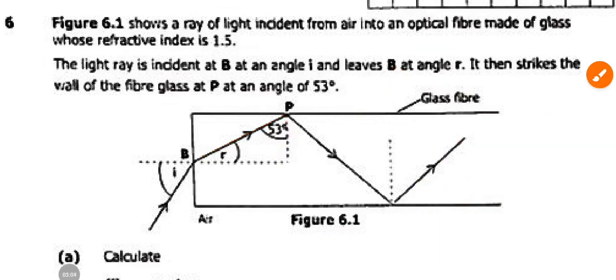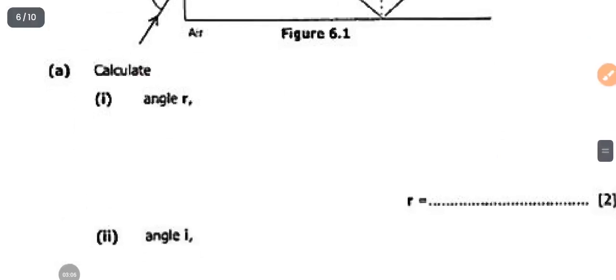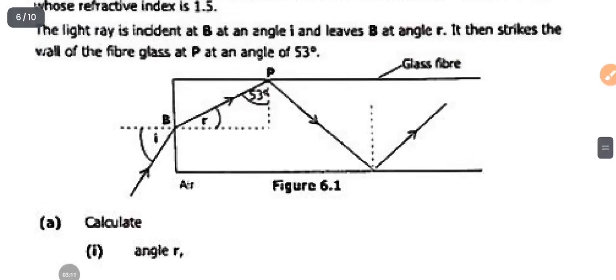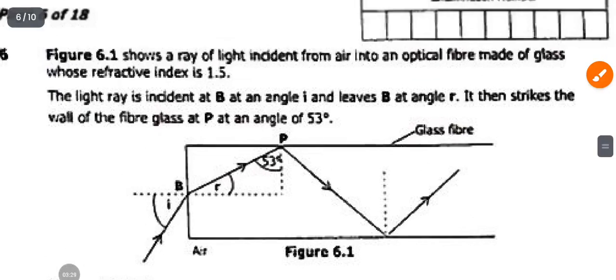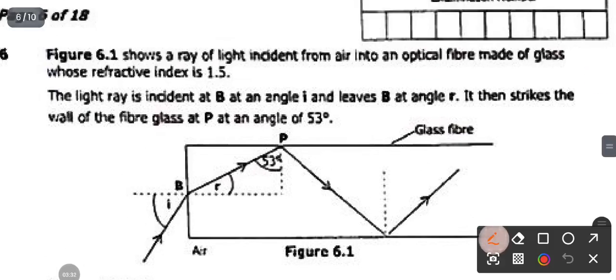Okay, then question 2, calculate angle I. How do we find angle I? We find angle I by using Snell's law. Remember, Snell's law tells us that the ratio of the sine of the angle of incidence to the sine of the angle of refraction is a constant, and that constant is what we call the refractive index.